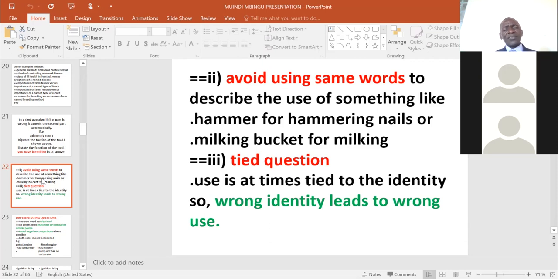If you say that a milking bucket is used for milking, then one may not know what the milking bucket is, because during milking, we also use, for example, a dairy meal. We also use a strip cup, just to mention a few other requirements for the process of milking to take place. So you must be specific, and you say it is for holding milk during milking.